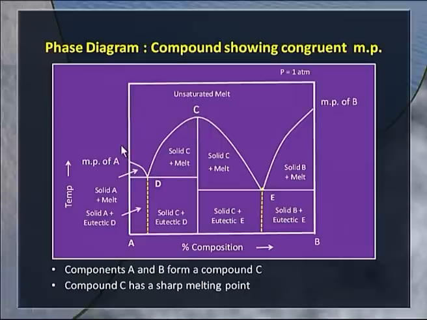If you look at the diagram and recall what you have seen in the case of simple eutectic systems, the point here on the line corresponding to 100% A, that is pure A, gives us the melting point of component A, and similarly this gives you the melting point of component B. And when compared to that, compound C that is formed between A and B also has a melting point quite high. This system has lot of applications.